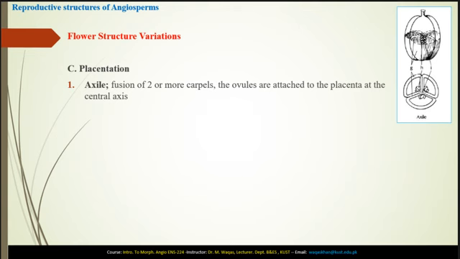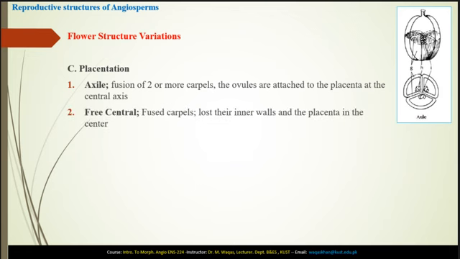After the fusion of two or more carpels, as here you can see one carpel, two carpels, and three carpels, the ovules are attached to the placenta. These are the ovules, attached to the placenta at the central axis. Look, it is attached on the central axis. So this type of placentation is called axile placentation.